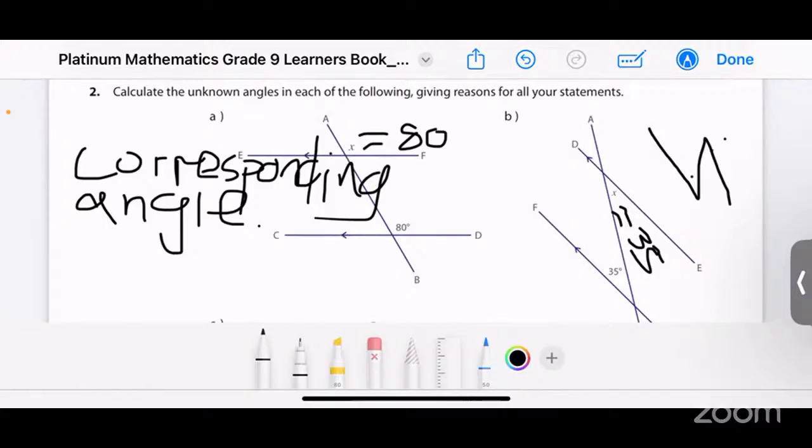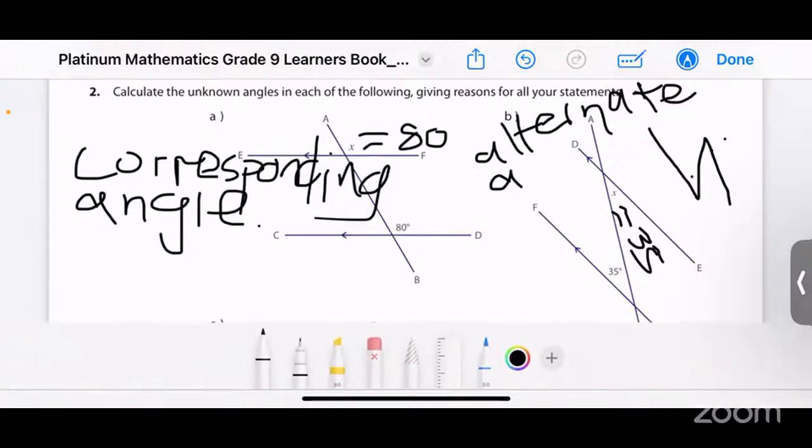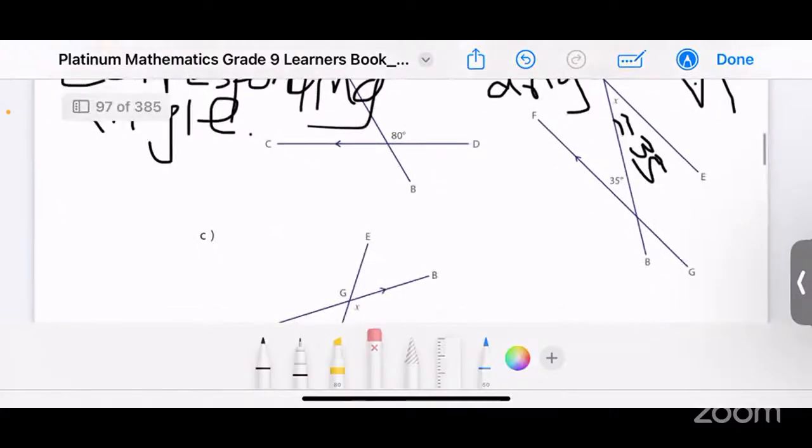It's alternate, ne? Yes, ma'am. These are alternate angles, where they form a Z or an N.